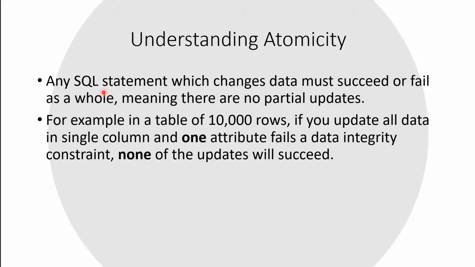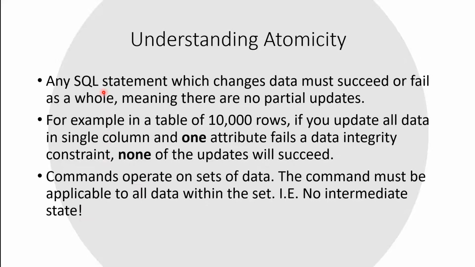This is actually quite valuable. You do not want to have what are called intermediate states where part of the data gets updated and part of it does not, because then it becomes impossible to undo any issues that you have.